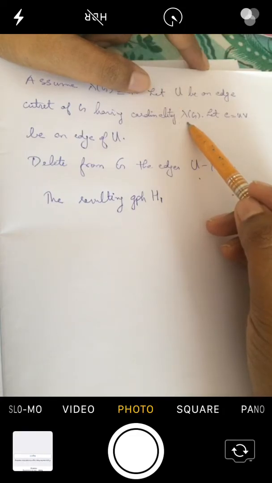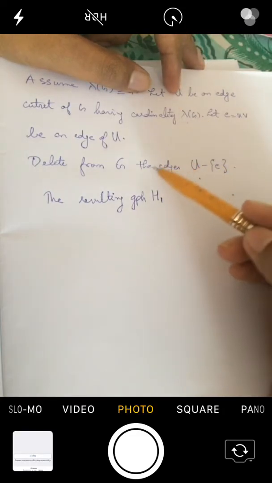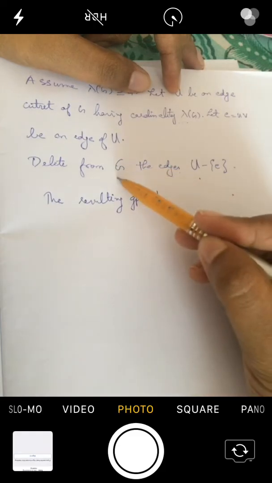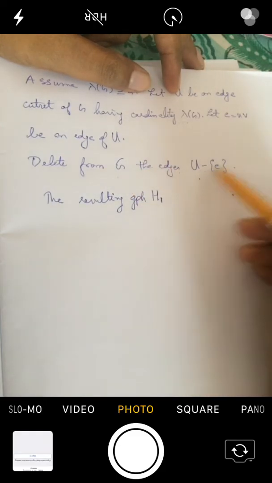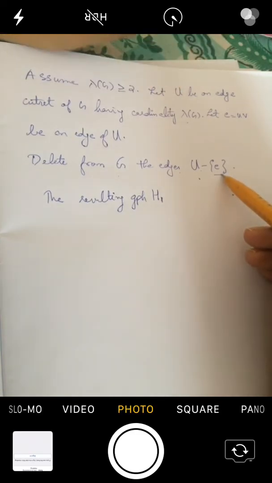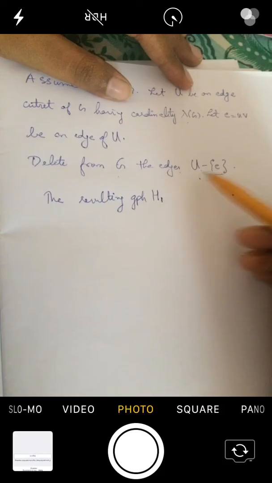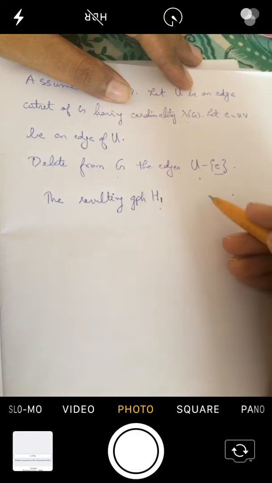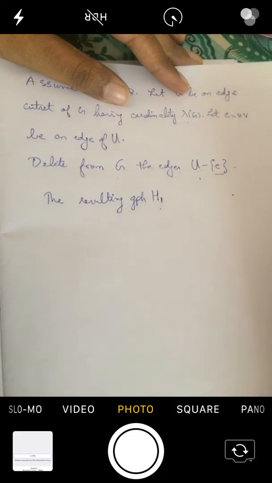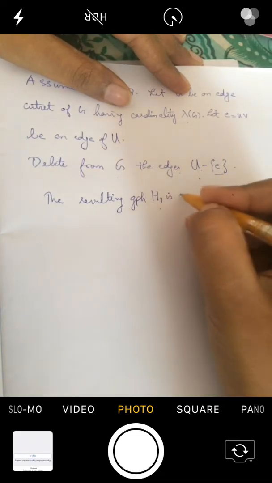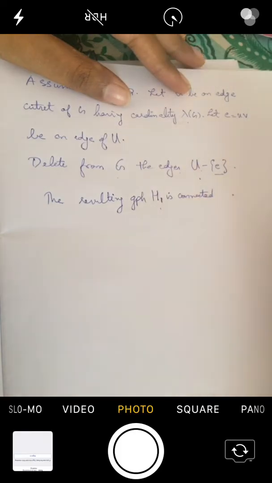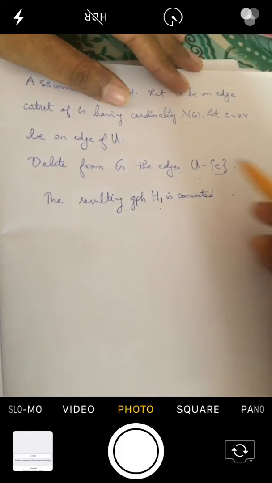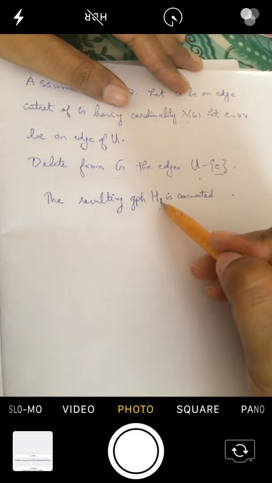We have deleted all those edges from U except this edge E. We keep one edge E and delete all other edges from U. So the resulting graph H1 is connected or disconnected? H1 will be connected. Why is it connected? Since we have not deleted that edge E, this edge E is still in our graph H1.